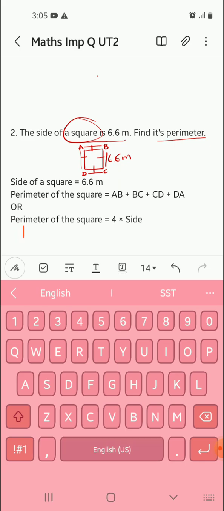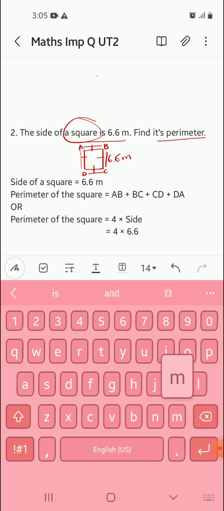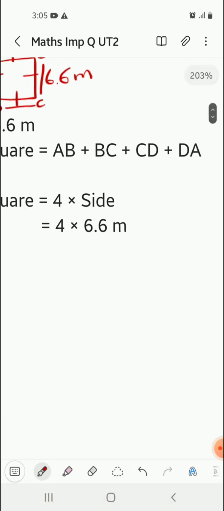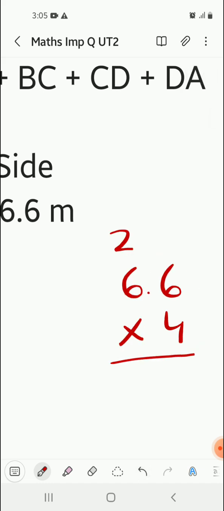Therefore we are going to only multiply 4 into 6.6 meter. So let's do it. 6.6 into 4. 6 fours are 24. Again 6 fours are 24 plus 2, 26. Over here you can see the decimal place is 1.